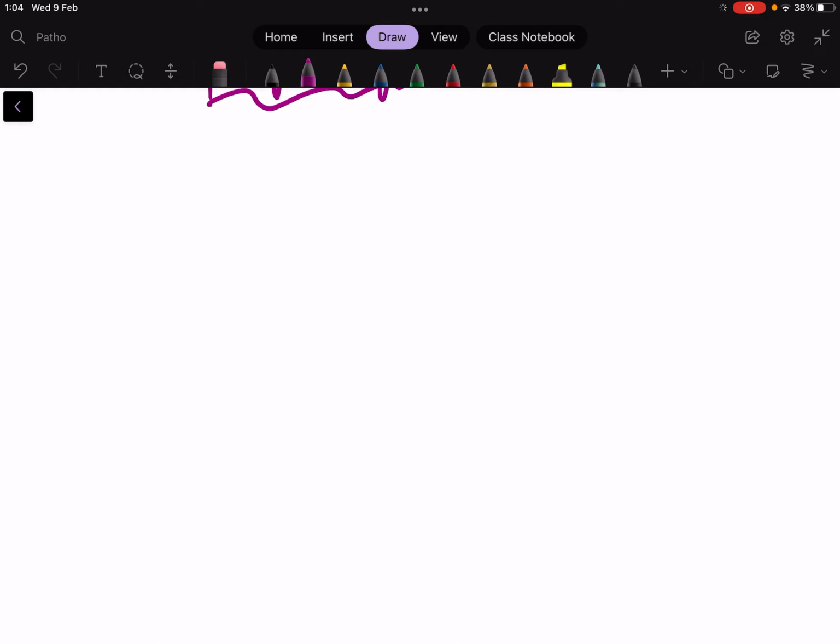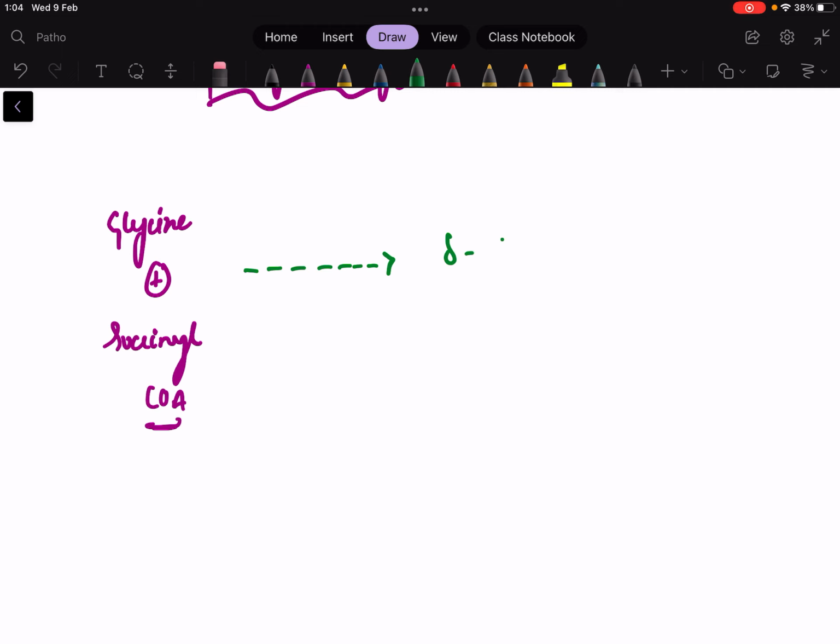So basically the 2 amino acids are your glycine plus succinyl CoA, which are coming from your TCA cycle. Okay, succinyl CoA, and this succinyl CoA eventually by a lot of enzymes will get converted into a compound called delta aminolevulinate, or we can simply call it ALA.